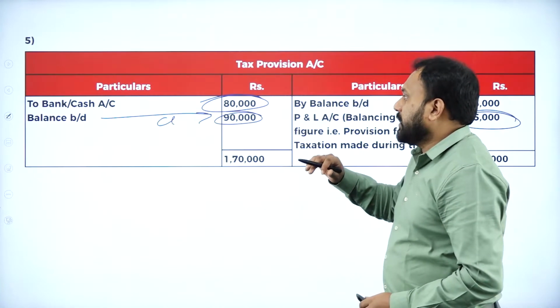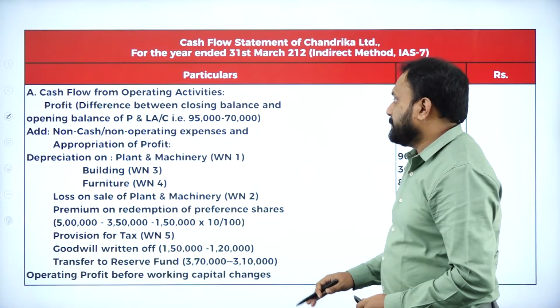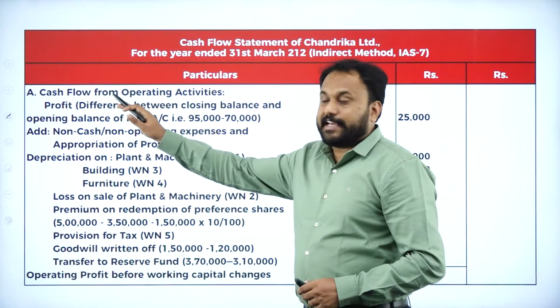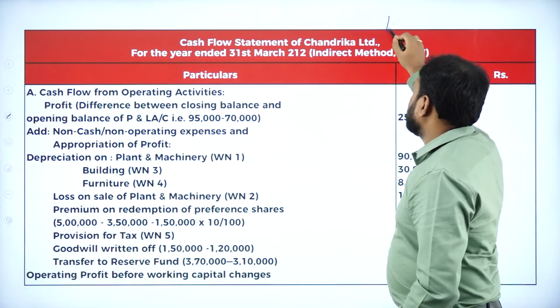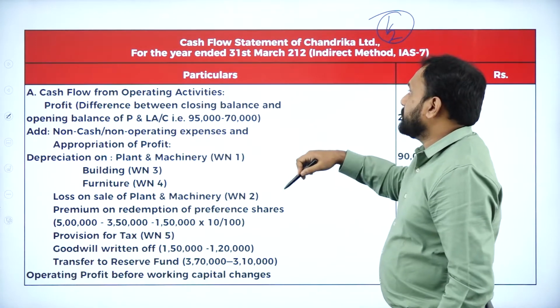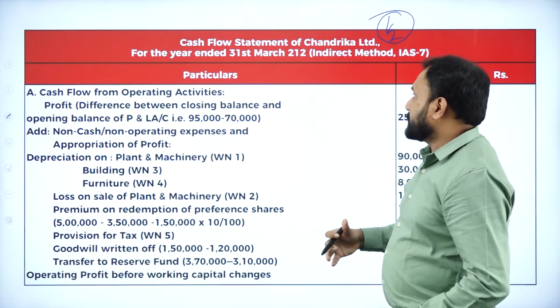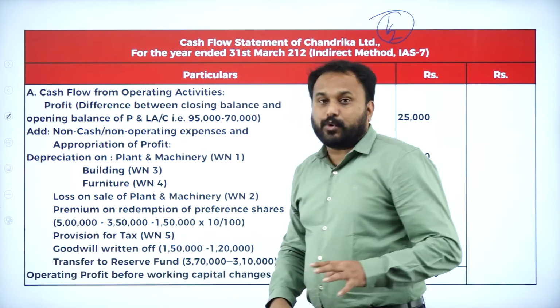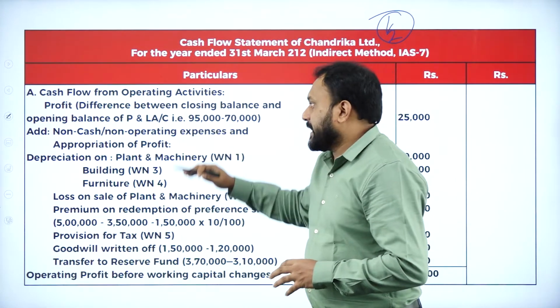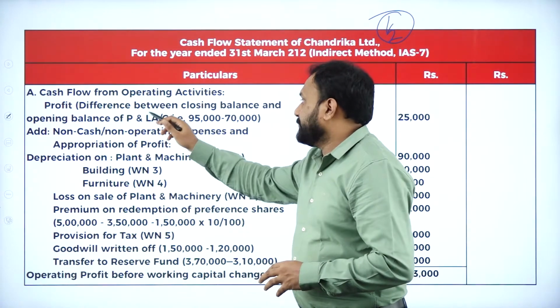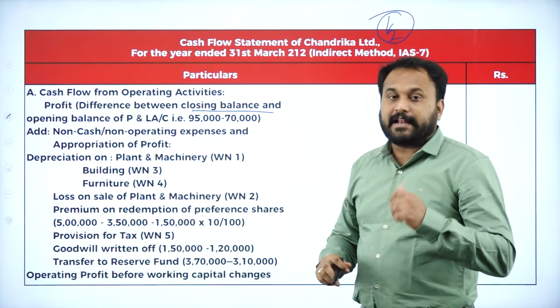So when we go with the formation of this, please understand, the first heading is cash flow from operating activity. Before that, if you just write this, you get half a mark. Now when we go with the concept here, please understand, cash flow from operating activity, the profit, that is the difference between closing balance and opening balance.